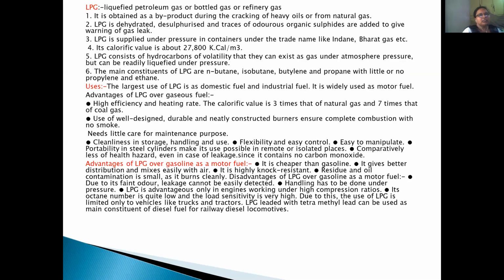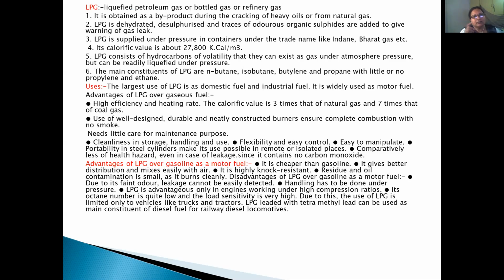Then coming to LPG, liquefied petroleum gas, also called bottled gas or refinery gas. It is a byproduct obtained during the cracking of heavy oils and from natural gas. It is dehydrated, desulfurized, and traces of odorous organic sulfides are added in order to give warning of gas leaks.